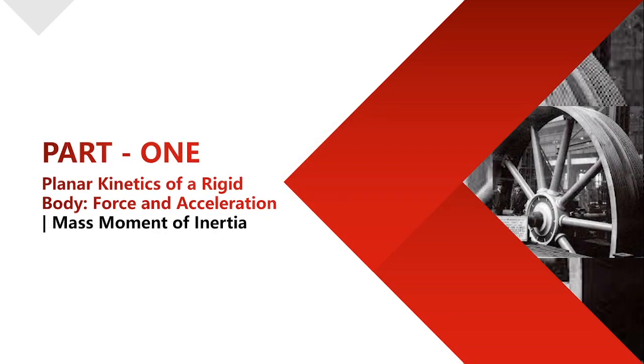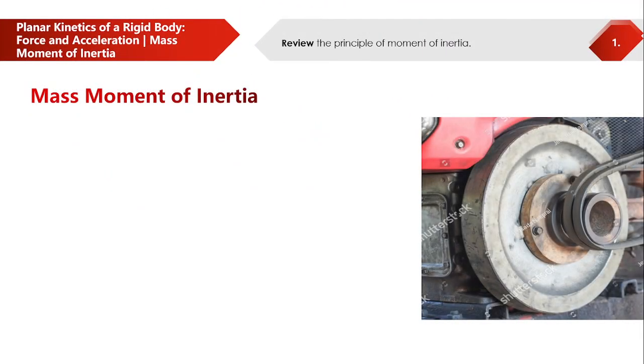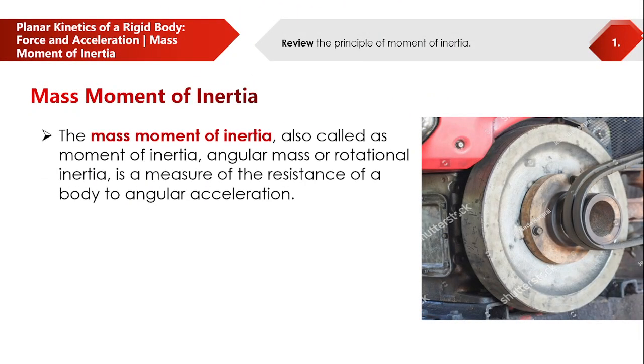Okay, so in part 1, we are going to talk about the mass moment of inertia. Mass moment of inertia, also called the moment of inertia, angular mass, or rotational inertia, is the measure of the resistance of a body to angular acceleration. Kumbaga, itong mass moment of inertia is just the resistance of our rigid body to angular acceleration caused by a force or a moment.